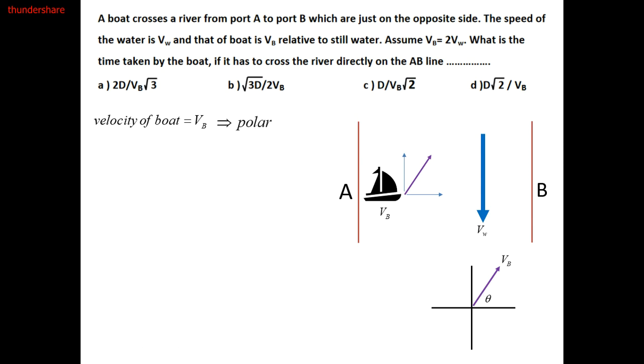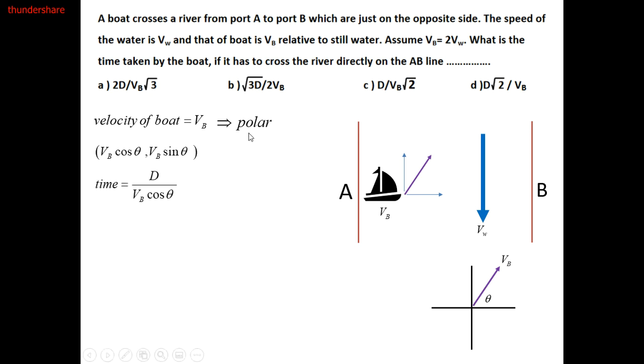Of course, you studied with me that the rectangular form is VB cosine theta for x and VB sine theta for y. VB sine theta must be equal to the current. Do you understand? So that it will stay on the vertical axis and not go either upward or downward. So it will go directly from A to B with its x-axis component only.